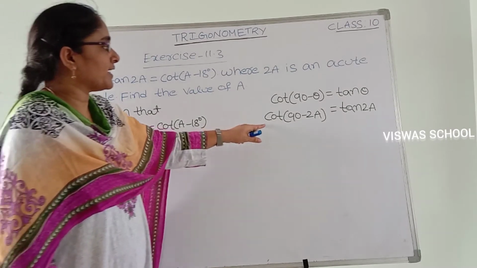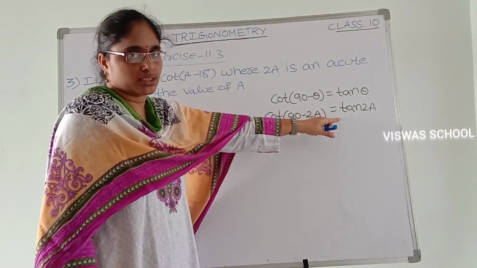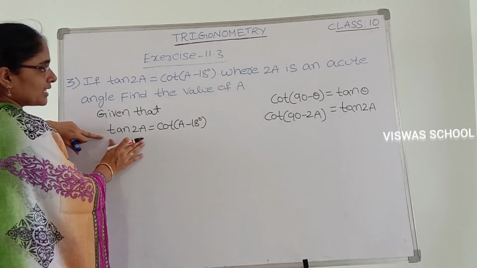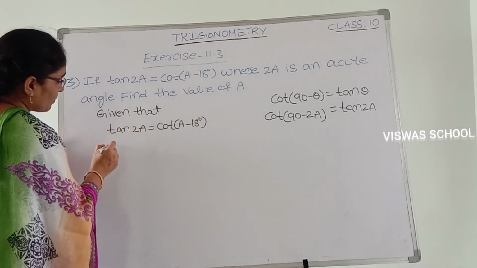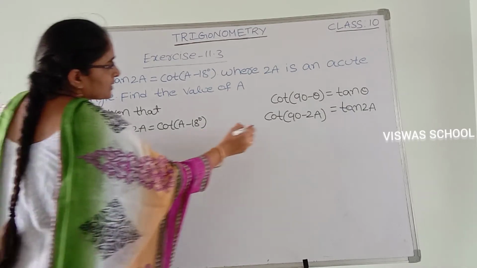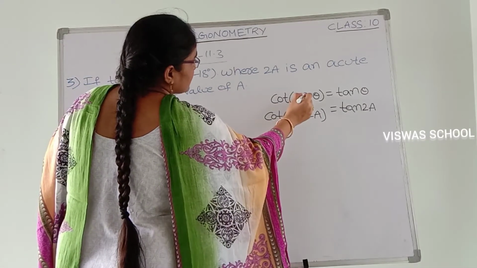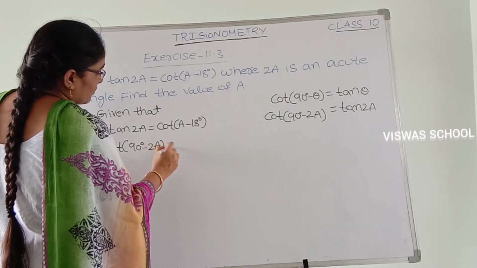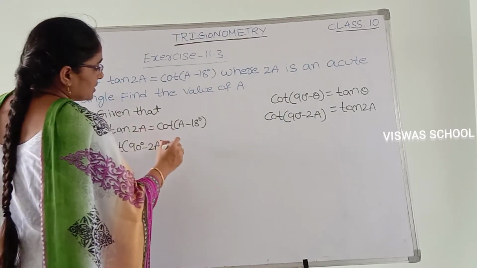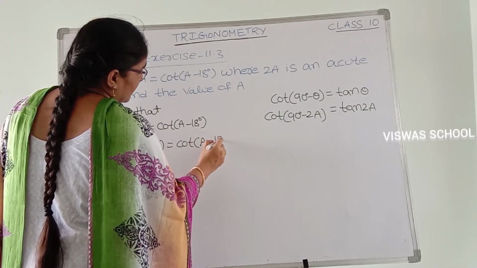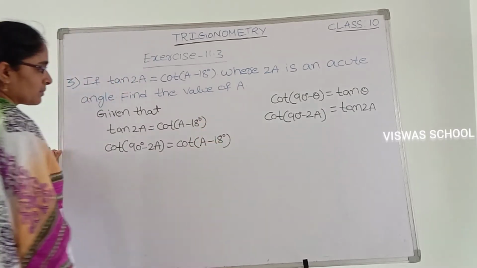The cot of 90 minus 2a is equal to tan 2a. Now write tan 2a as cot of 90 degrees minus 2a is equal to, the right-hand side you don't change, that is cot of a minus 18 degrees.